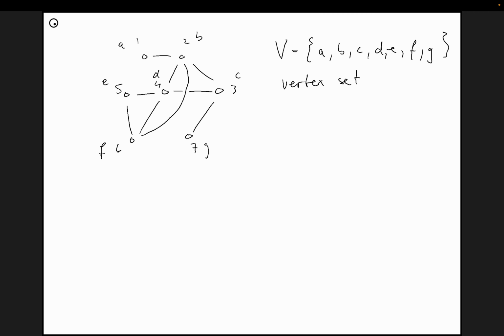and what we also have is edges connecting them. So between A and B we've got the edge E1, and then E2 between B and C, and so on. So E3, E4, E5, E6, E7. Am I right? 1, 2.